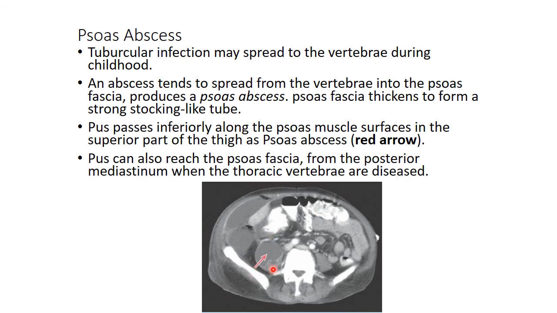See in this picture, it is shown with the red arrow. The psoas major muscle is over here, and the fascia is lifted anteriorly because of the collection of pus in this area. Pus can also reach the psoas fascia from the posterior mediastinum when the thoracic vertebrae are diseased.